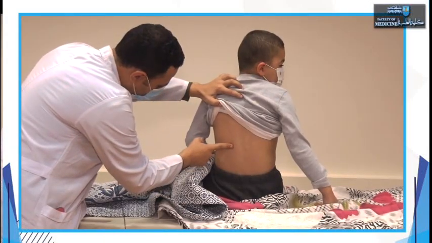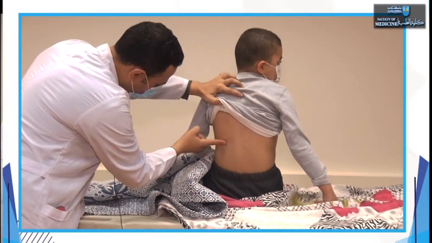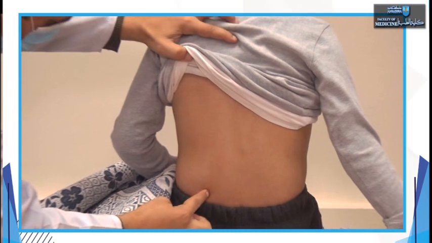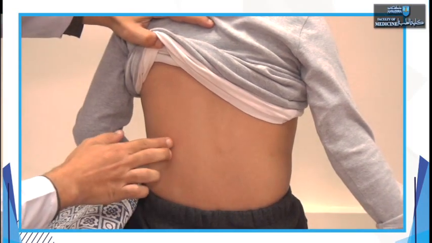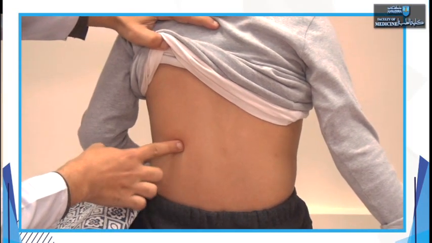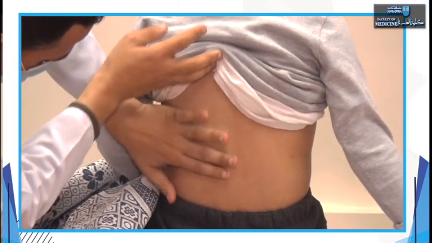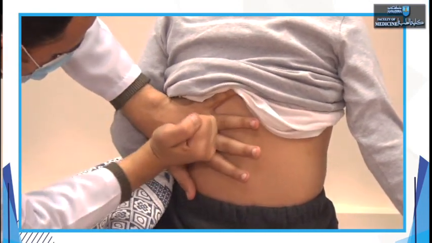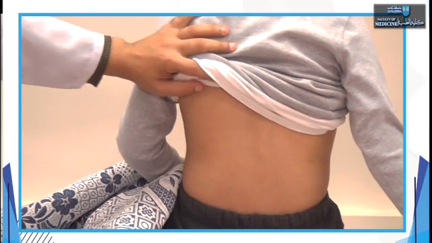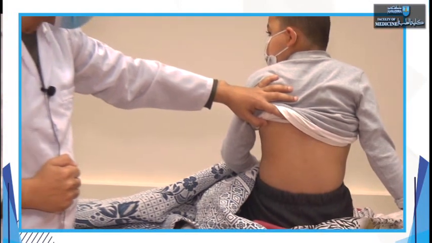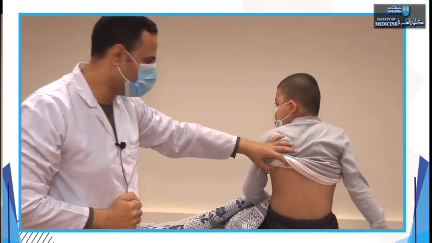At the lower costal margin, it is the space between the lower costal margin, then the back, and the paravertebral muscle. So this is the renal angle. This is first percussion for detection of tenderness in the renal angle that may occur in case of pyelonephritis.